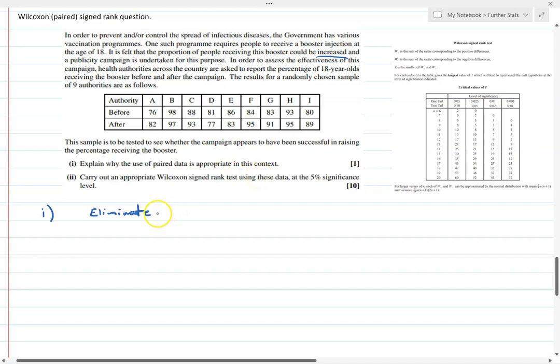So it eliminates differences between the particular local authorities themselves.